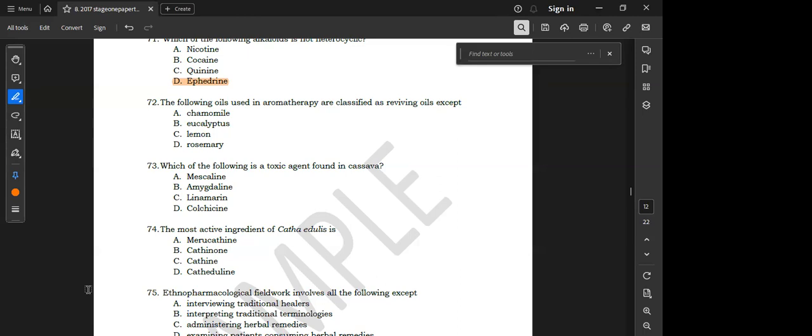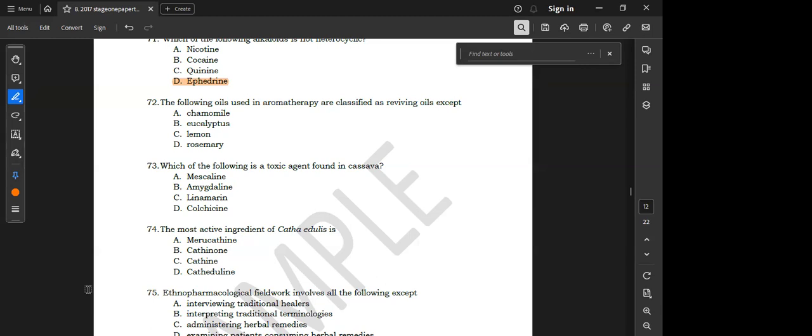But I think the answer is lemon. I can't find anything. Why would you go with lemon? Literally, when we are classifying essential oils, lemon is under it.